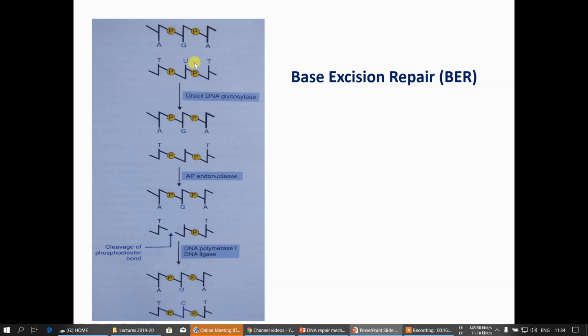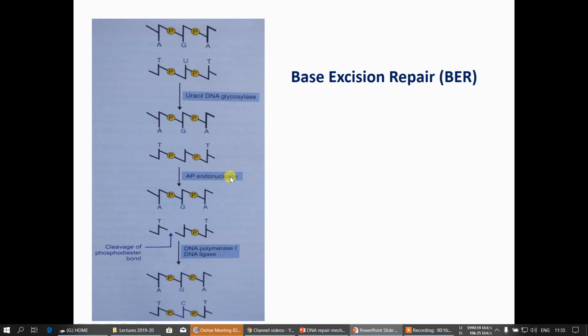So here, if there is an unusual base, as you can see, complementary to this guanine, uracil is present. So a DNA glycosylase enzyme will come, and as it is uracil, uracil DNA glycosylase will come. It will remove only this nucleotide base, but the phosphodiester bond remains as such, and the deoxyribose sugar remains as such.